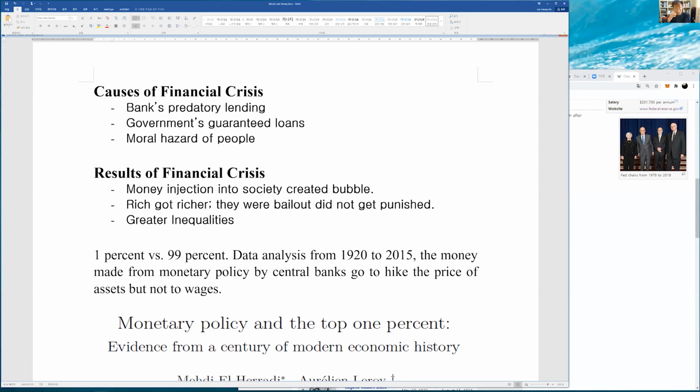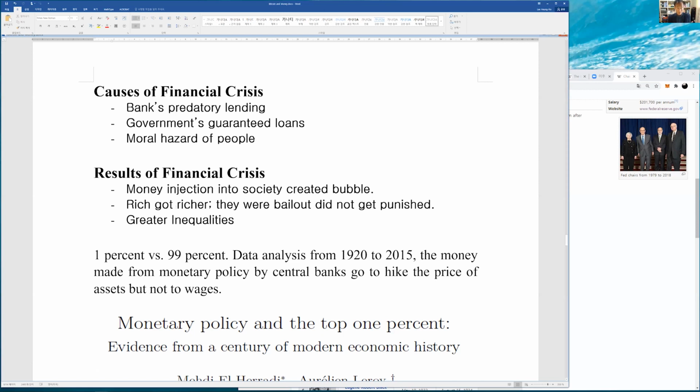So that was the reason for bailing them out. And then also they did not get punished after the event. After the event, only one banker has been jailed in the United States.